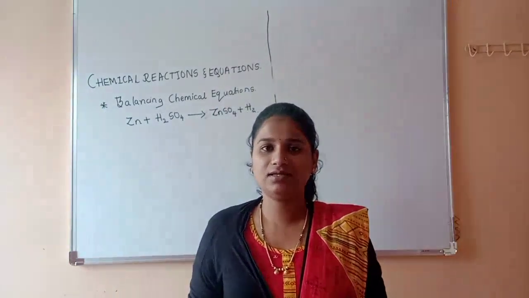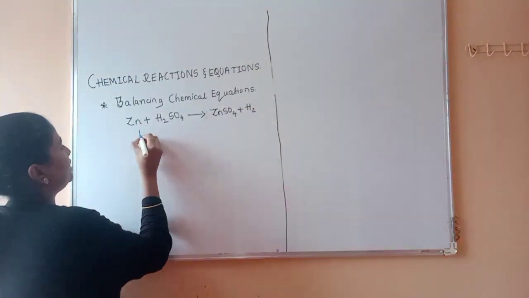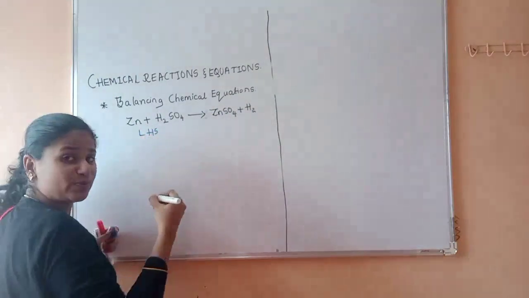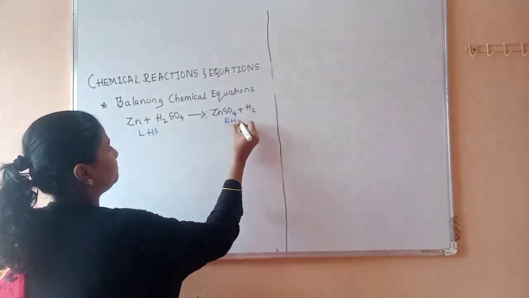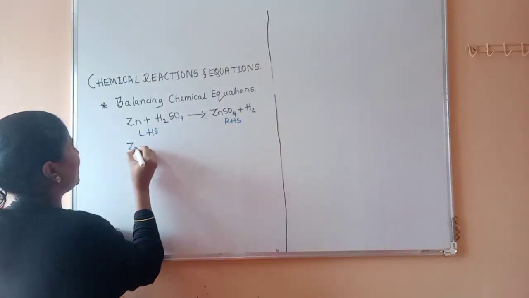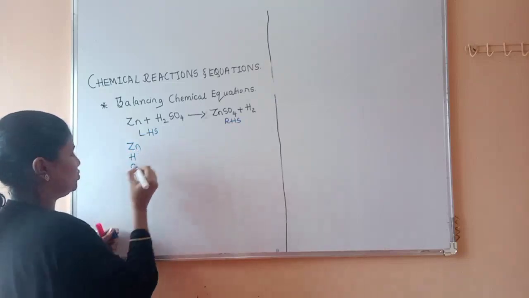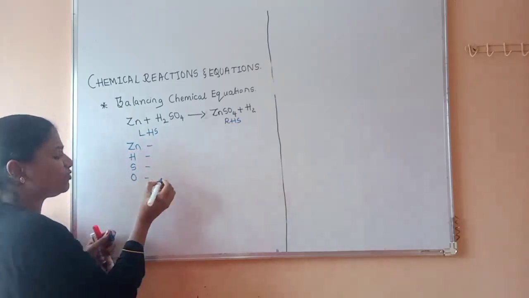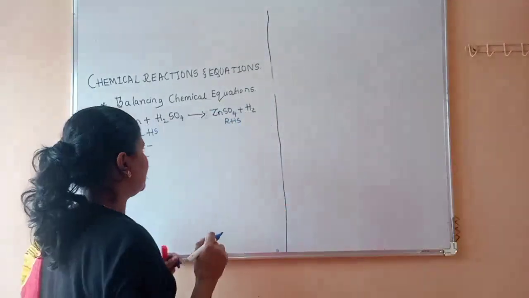Let us write LHS and RHS and proceed with the stepwise procedure. On the LHS side we have zinc, hydrogen, sulfur and oxygen. These are the atoms of elements present on the left hand side, the reactant side.